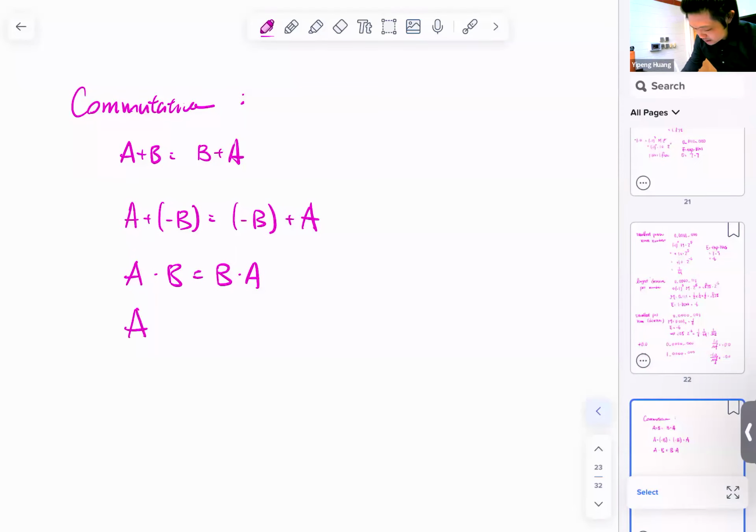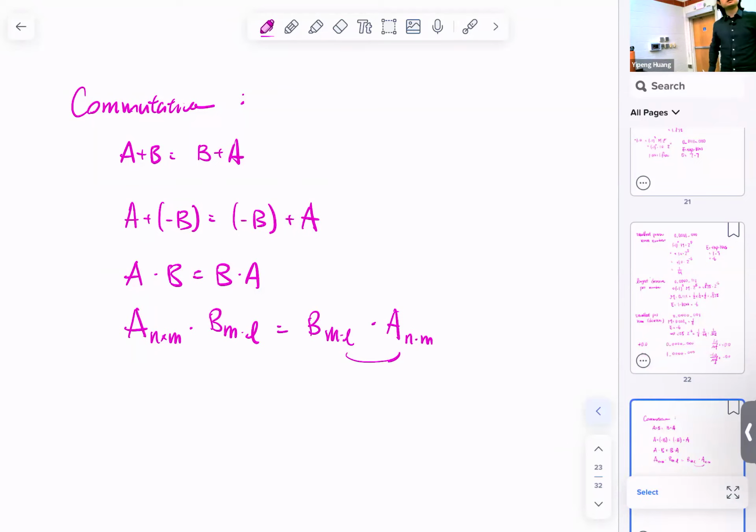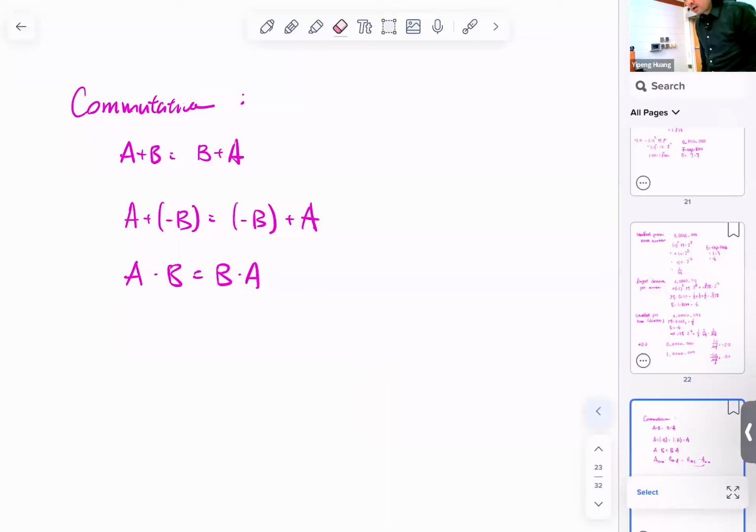So say A has dimensions n times m, B is m times L. Well, if you take the commutation of that, B is m times L, A is n times m, the operation is not even guaranteed to be valid unless you have some very special property of L equals n in its size. Okay, so enough math here, right? So in general, is floating point addition commutative?